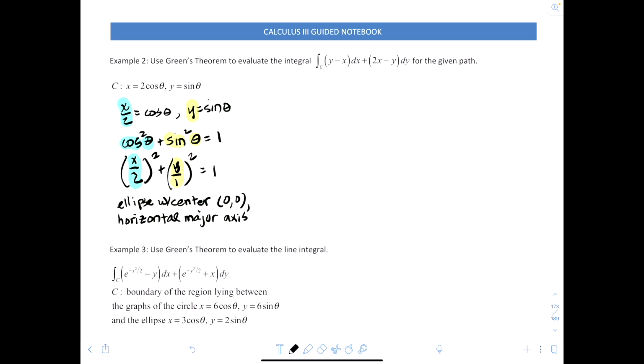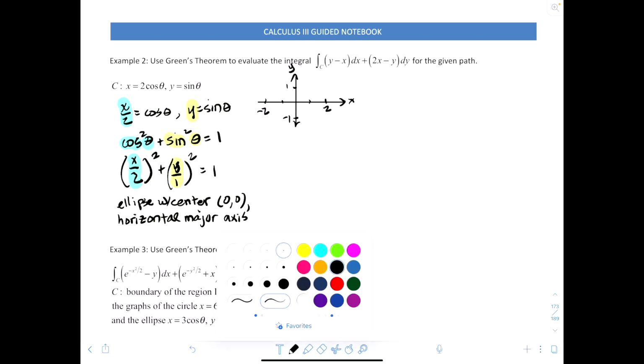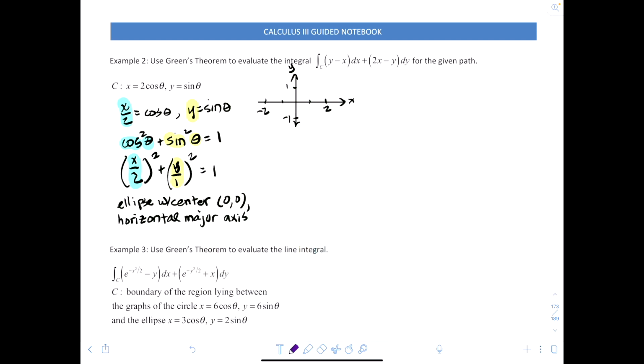Actually, I said (0, 0), right? And the major axis is horizontal. Marking 1, -1, 1, 2, -2 on x and y. And so our shape, if you let theta equal 0, because we want to know where it starts, right? So you can look at the original.